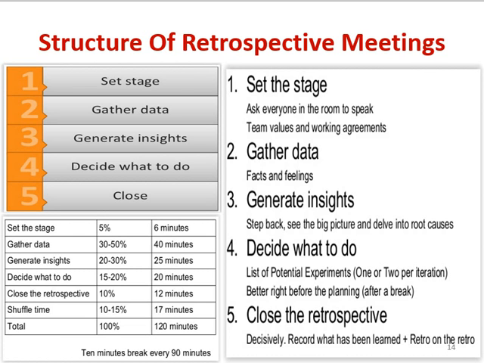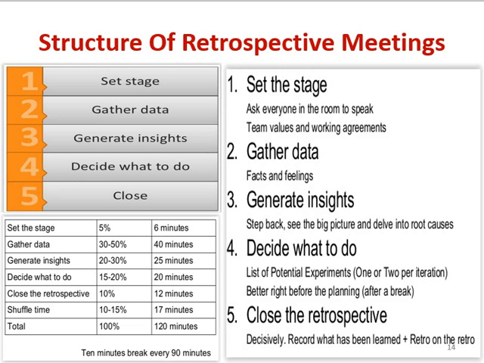Out of those brainstorming sessions in generate insights, list the potential experiments, 1 or 2 per iteration. Better right before the flying, that is after the break. So decide what exactly you need to do, and ultimately close the retrospective with a positive note recorded based on the lessons learned, and retro on the retro again.